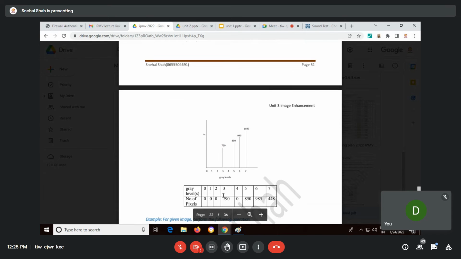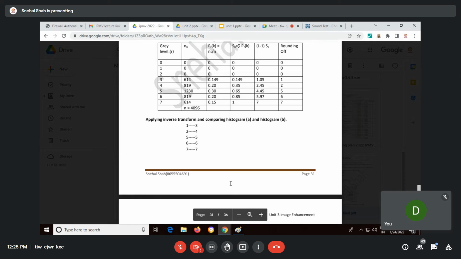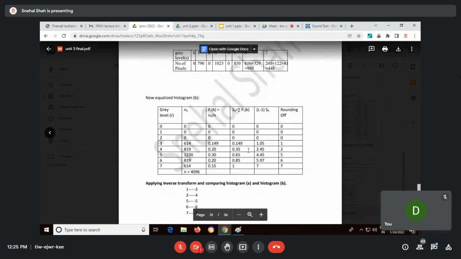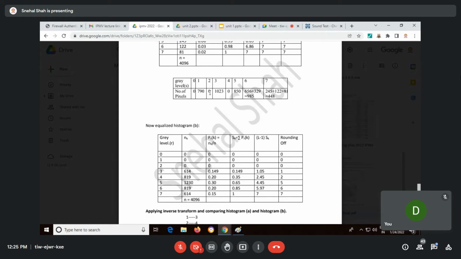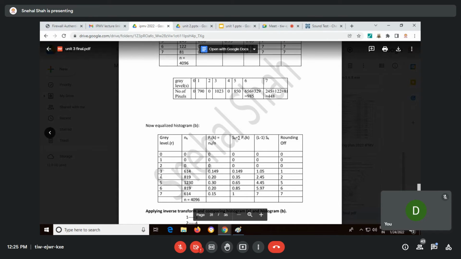Okay, so for 3 what did we get? 790. Same check for the 4, 4 is again 2, sorry 4 is 2, and here for 2 again the value is 0, so write down the 0 for the 4 in histogram B. For the 5 you are getting 5 here, so check the value of 5 here, it is 850, so write down 850 there. For the 6, same 6, so write down the 985 for the 6.